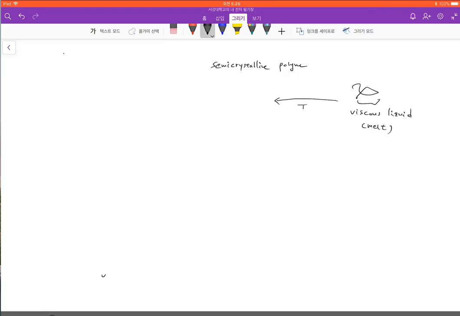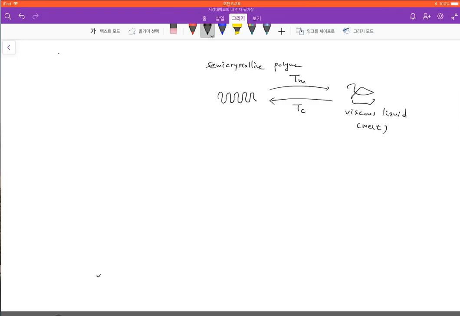Below a certain temperature, which is called the crystallization temperature, it becomes crystal. And above the melting temperature, it becomes viscous liquid. How about amorphous polymer?